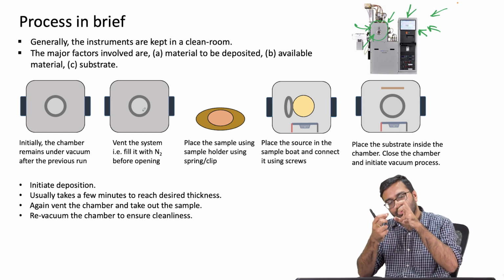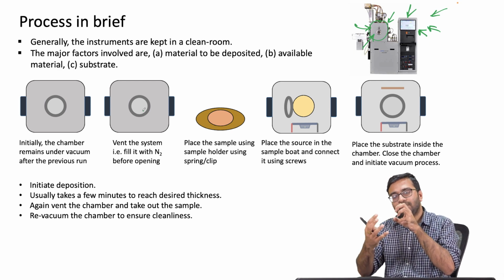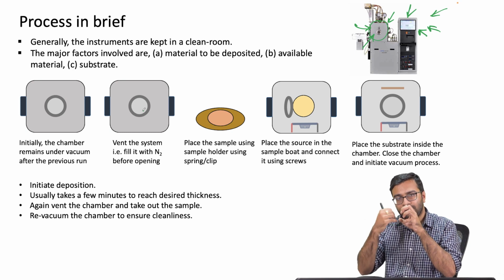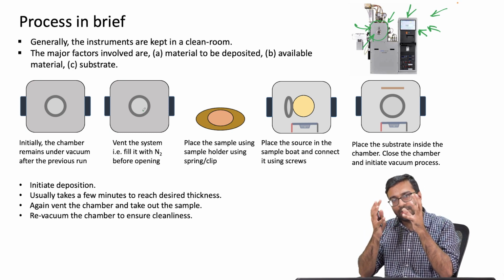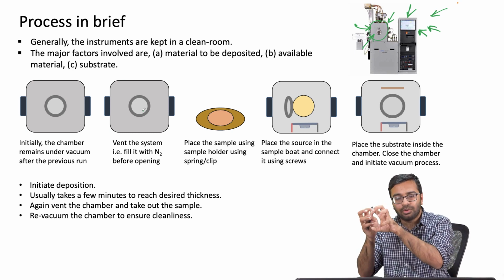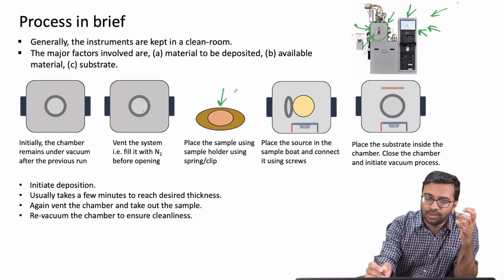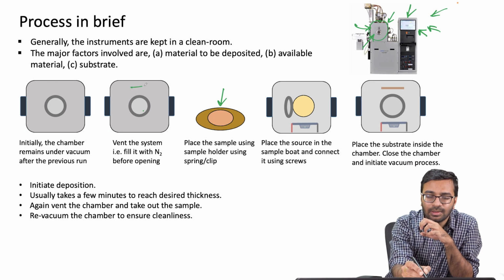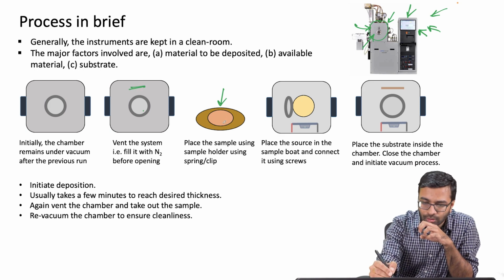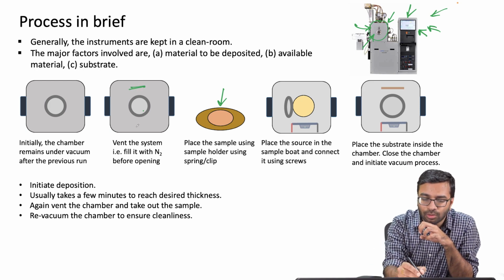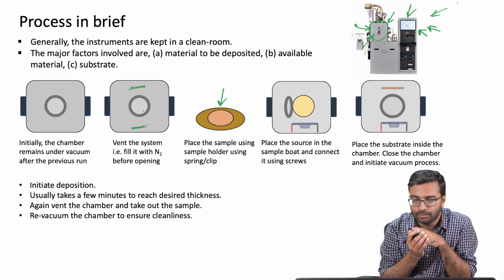So the process will start with venting, where you put nitrogen and break the vacuum, you open the door, and then you put the substrate on top of this, and you also put the source material in the boat.